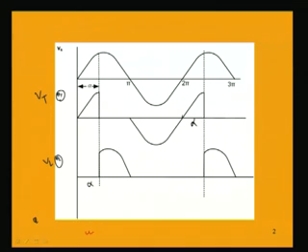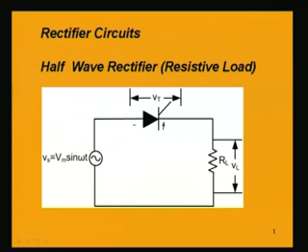As soon as the thyristor conducts or fires, what will happen? The voltage across this resistance will be equal to the voltage at the input, because this drop is equal to 0, we are assuming thyristor conduction voltage 0.